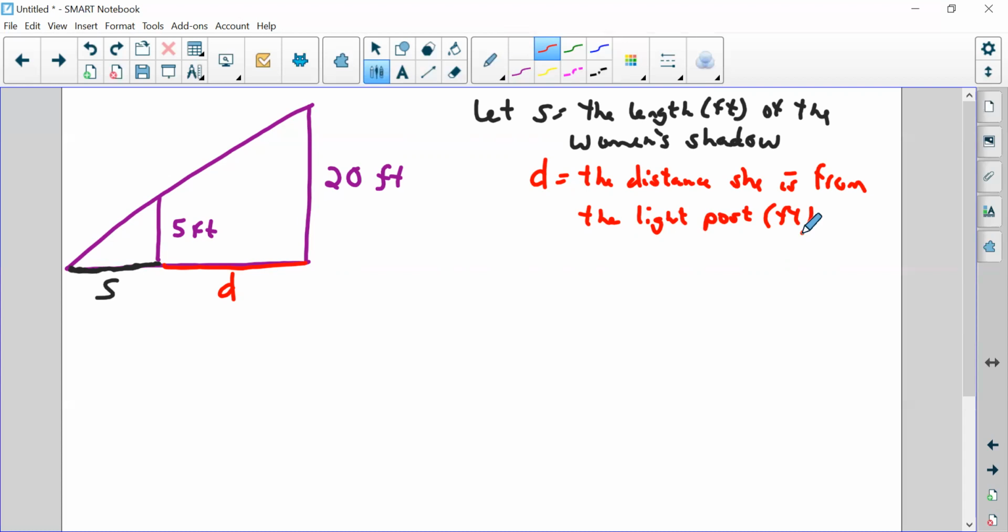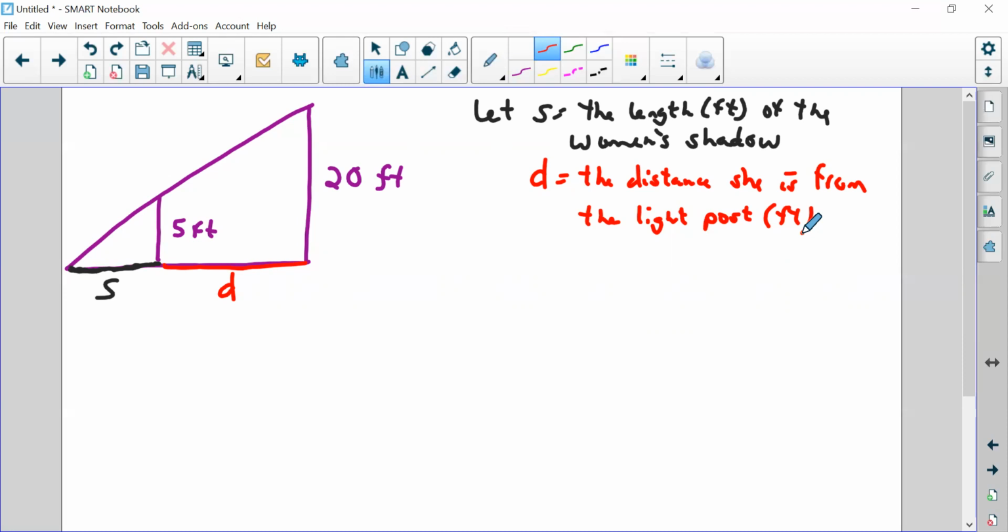So let's see what information was given to us. A 5-foot-tall woman walks at 8 feet per second toward the street light. So 8 feet per second toward the light post. What would be our calculus notation for that? You got it.